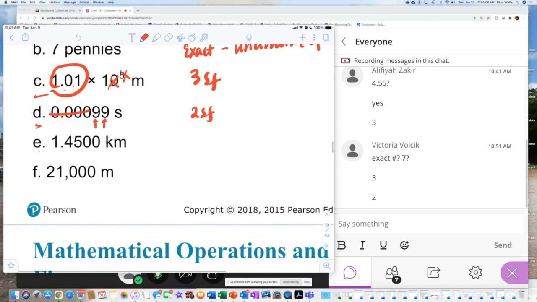Let's see. E, 1.4500 kilometers. This is a measured value, right? It's measured, it's not counted. They had to measure it. So what do we say about that? The rest of you, feel free to chime in.